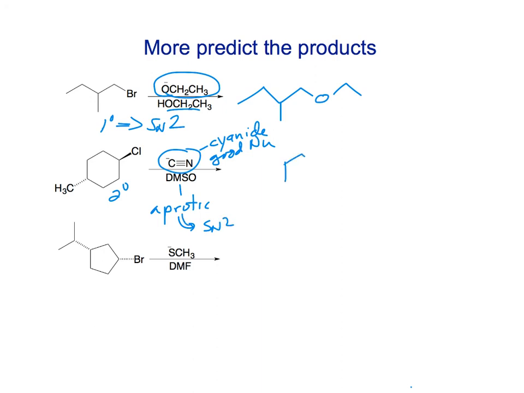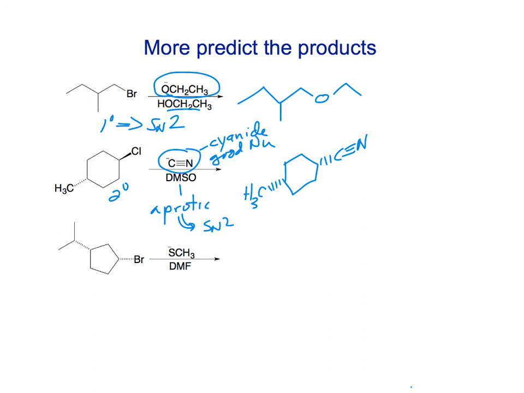So like we did before, this methyl group is remote to the reaction, so its stereochemistry stays untouched, stays the same. We get inversion, and so we go from the trans reactant to the cis product.